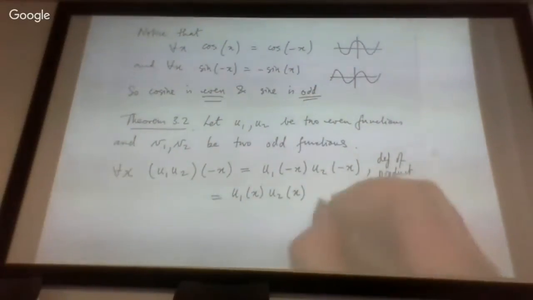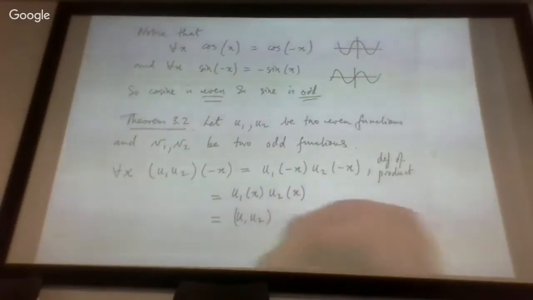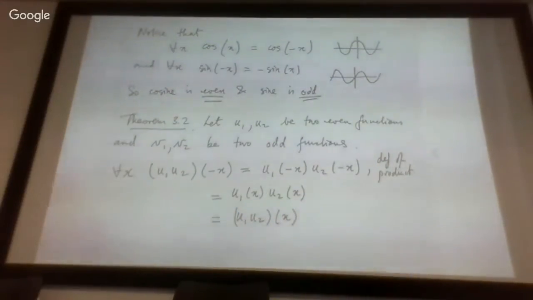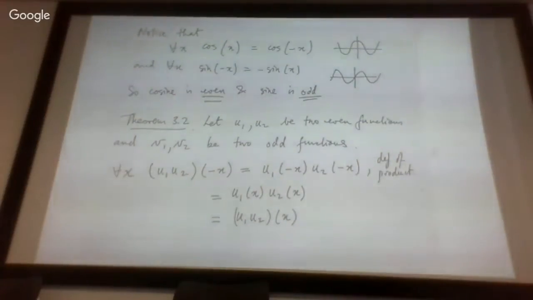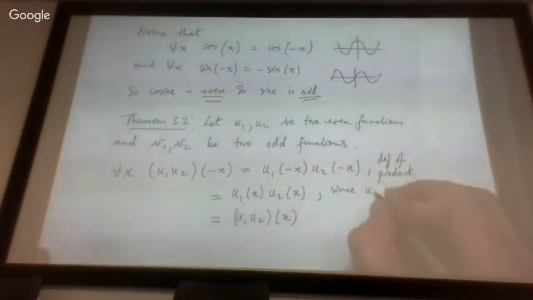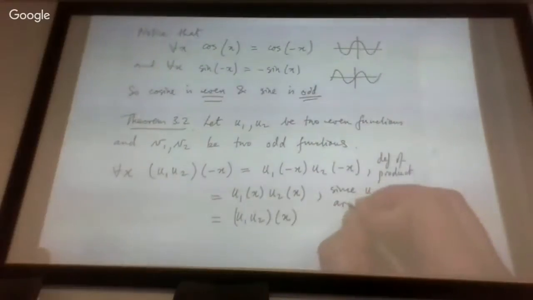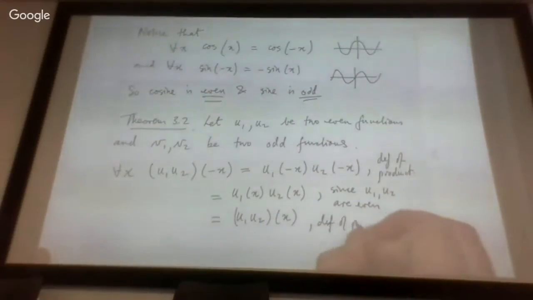And that is the same as the product function u1 u2 evaluated at x. We apply the definition of the product function again. So that line was since u1 and u2 are even, and this is the definition of product again.